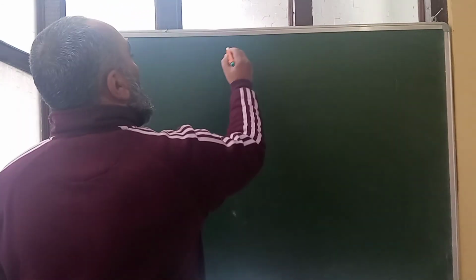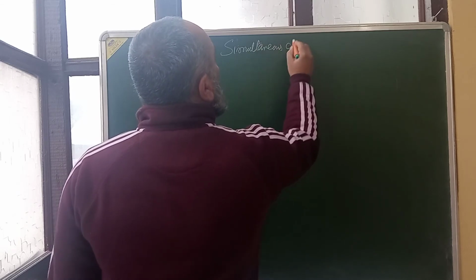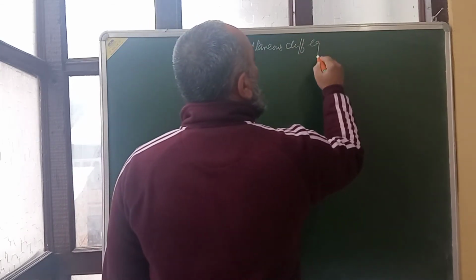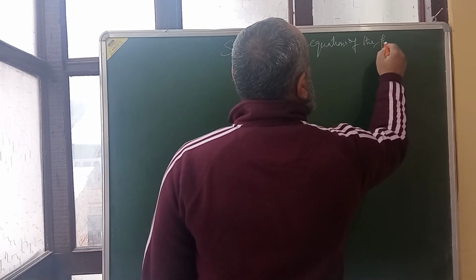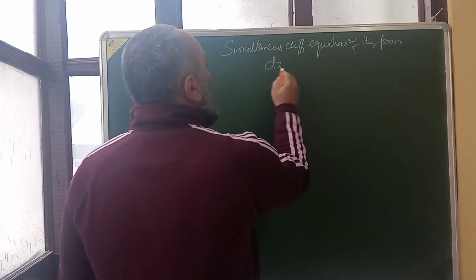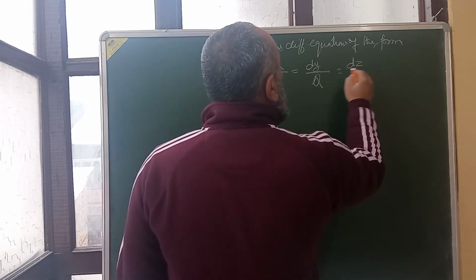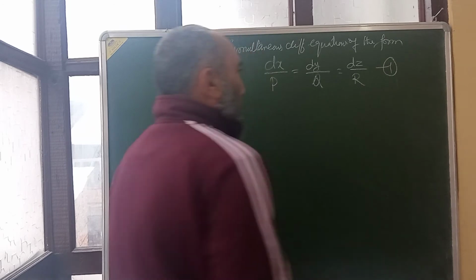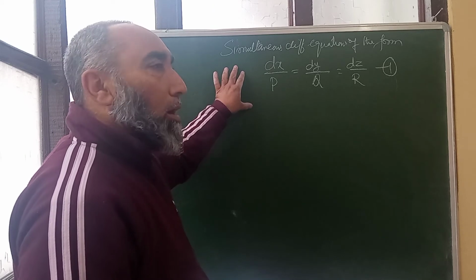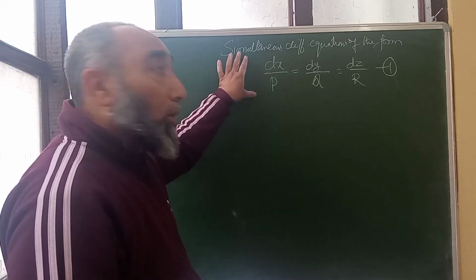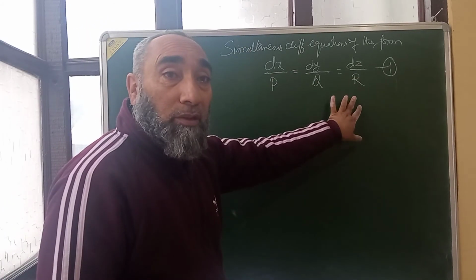Now, you have simultaneous differential equations of the form dx by P equal to dy by Q equal to dz by R. This is one more way to write simultaneous differential equations.